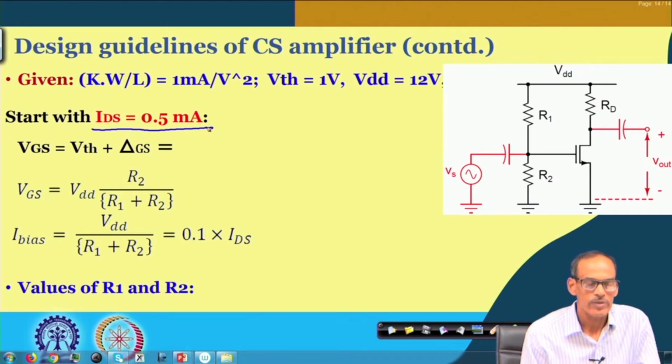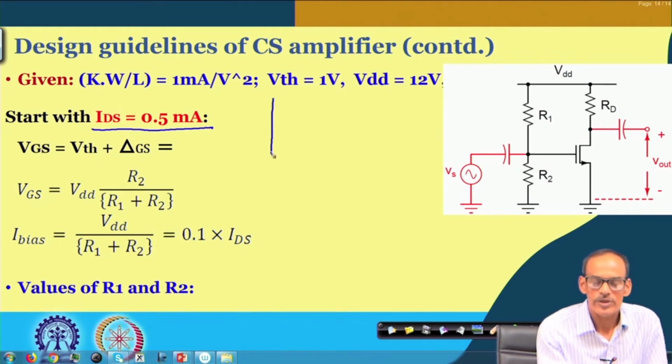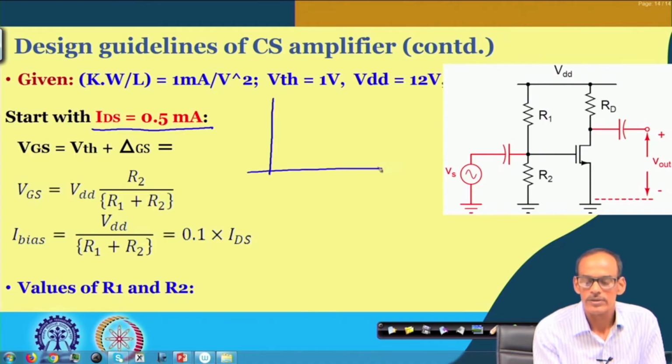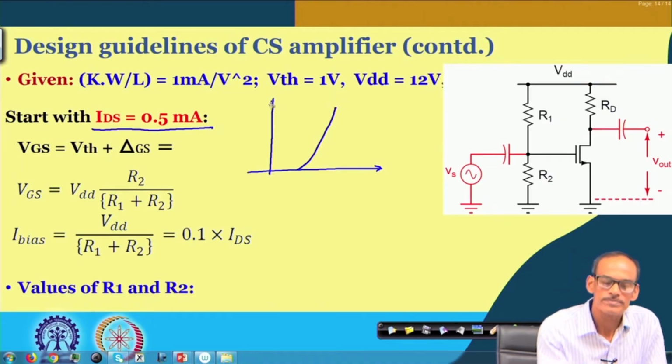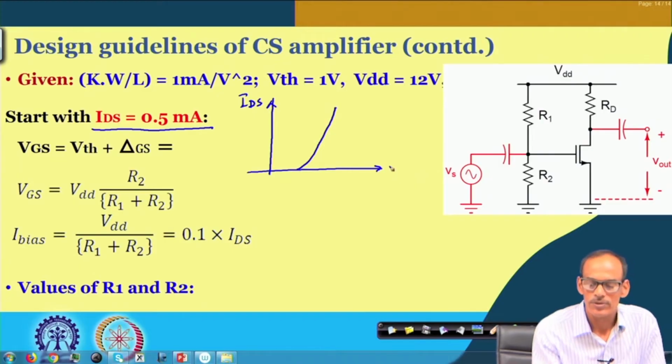If 0.5 milliampere IDS is our target, then we can follow the IDS versus VGS characteristic curve.